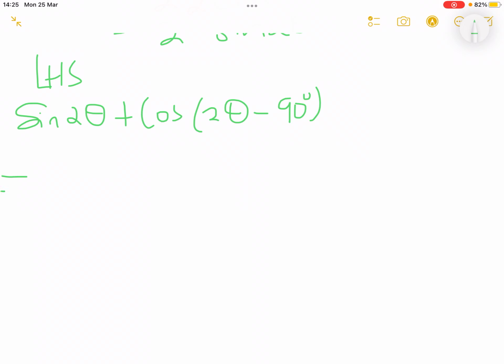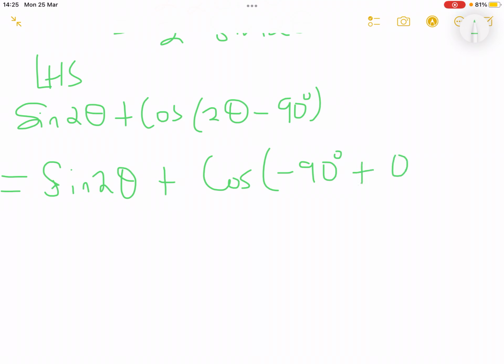We first change everything here into sine 2 theta plus cos of, now if you remember cofunctions, if we have a cofunction, it should be in this format: 90 plus an angle.